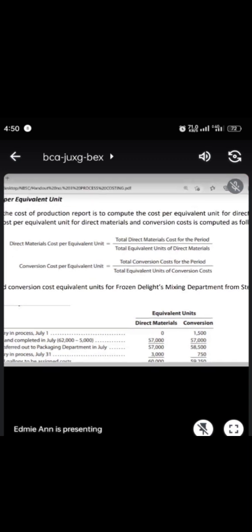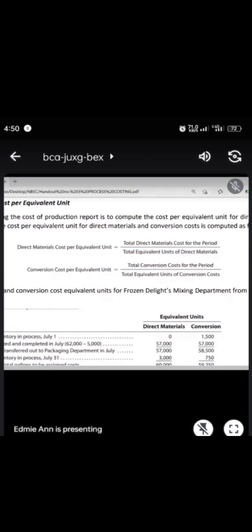So for materials, we have direct materials cost per equivalent unit. To shorten, we can say DM cost per EU.